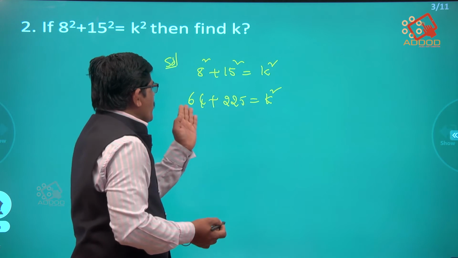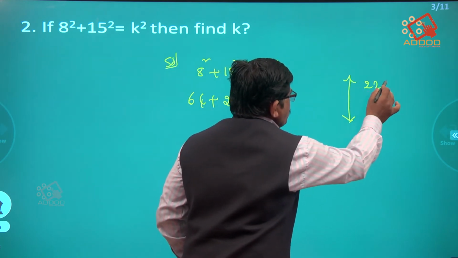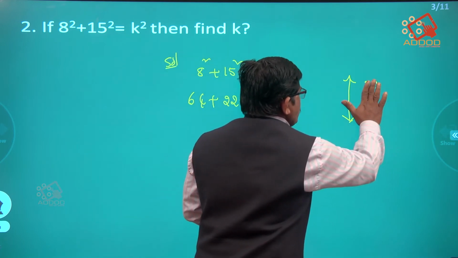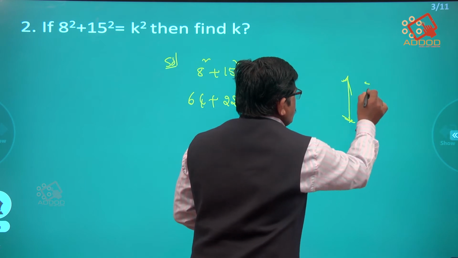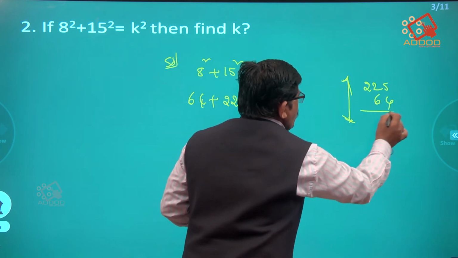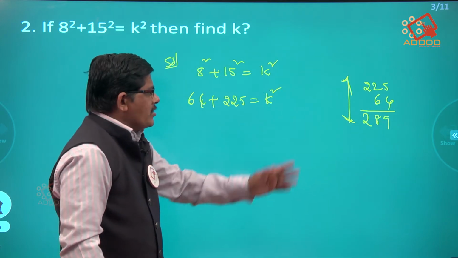Therefore, 225 plus 64, how much? Go to rough work here: 225 plus 64 is equal to 289.